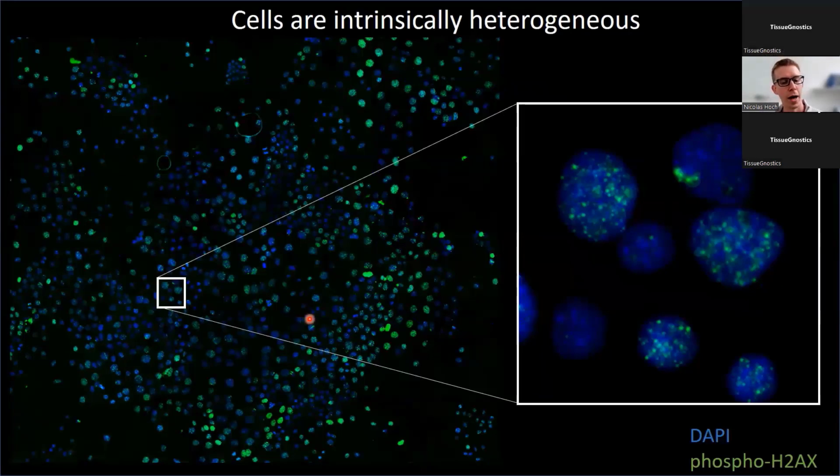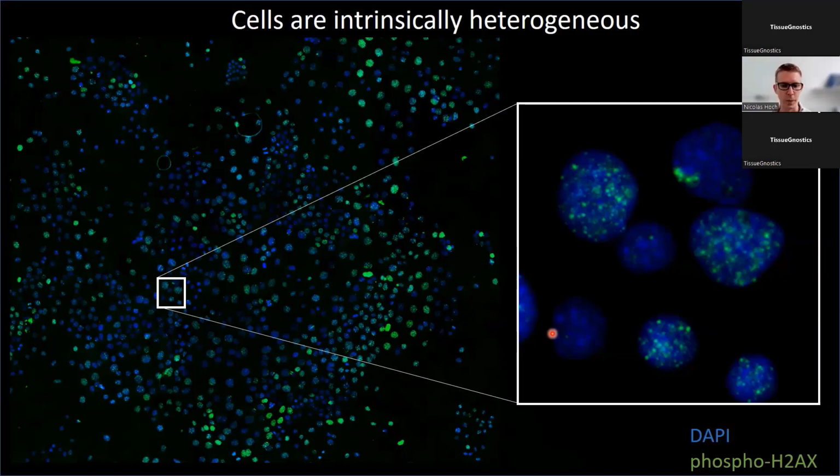When we use cells in culture, growing in a 2D layer like this, and we stain for markers that mark DNA damage sites, such as histone H2AX, which gets phosphorylated in response to mainly DNA double-strand breaks, what you see is that there is a huge variety in the intensity of this signal between cells. This heterogeneity is very important in order for us to actually understand the biology of how DNA damage is signaled and repaired.